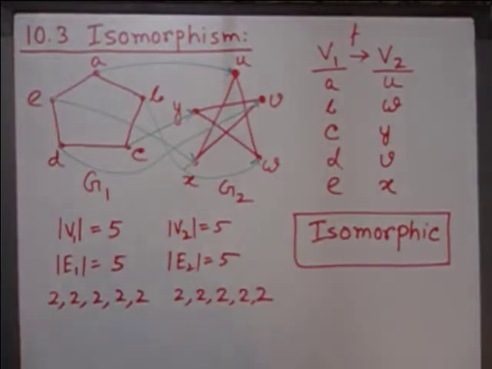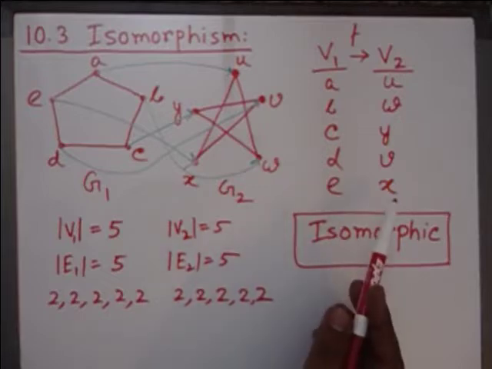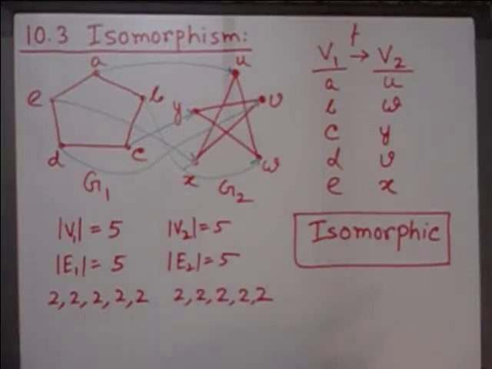A bijection between the two vertex sets is the only proof of isomorphism. Without that, the proof is not complete. So given two graphs, if someone asks you whether they are isomorphic or not, and you think they are isomorphic, you have to provide a bijection between the two vertex sets.